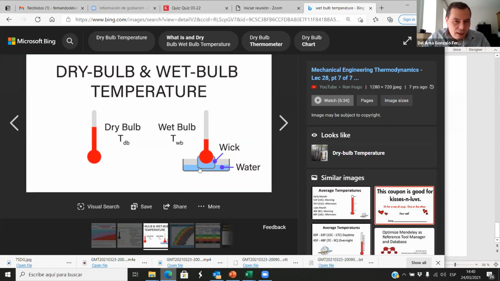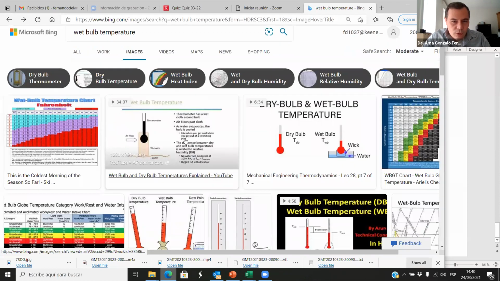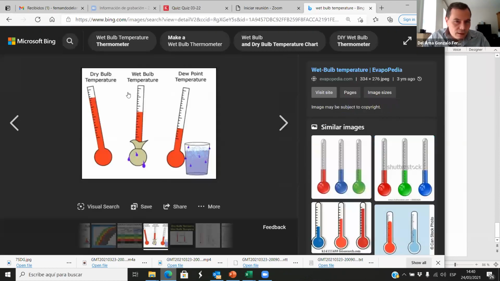It's not under the water, but it's completely wet. So that's the concept of this wet bulb temperature. It's easier to understand if we imagine a piece of wet cloth around the bulb of this thermometer. That will be measuring the wet bulb temperature. And usually, if we have the same conditions, the dry bulb temperature is always higher than the wet bulb.